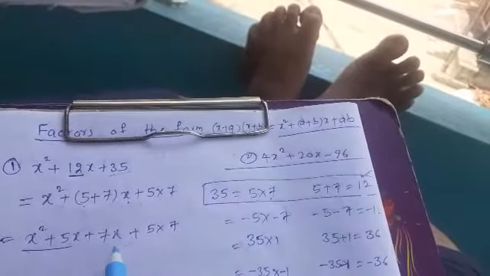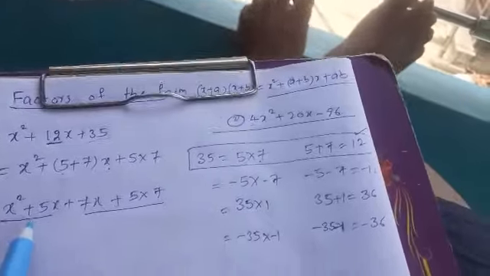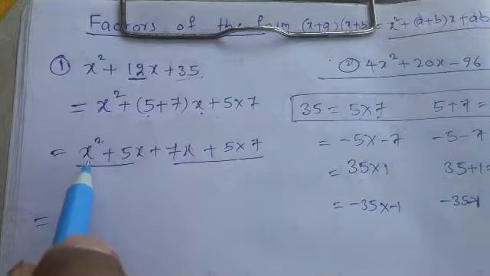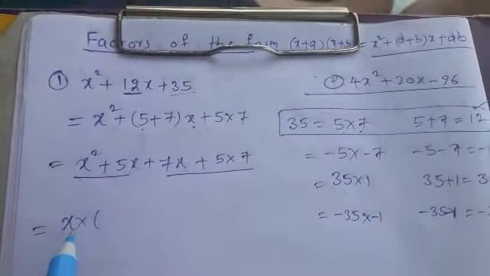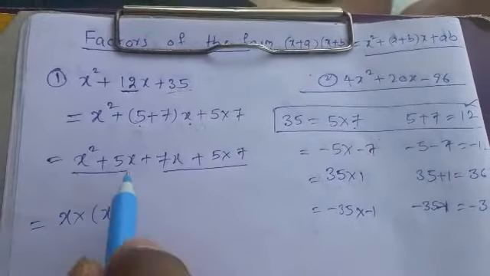This is one group, this is another group. In these two terms, what is the common factor? x is a common factor. Take x common: x² means x into x, so one factor is x, and the remaining is x + 5. In the next group, the common factor is 7. By taking 7 common, the remaining factor is x + 5. Now see again, x + 5 is a common factor.